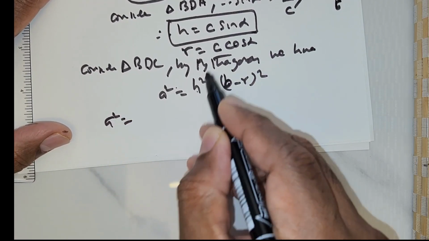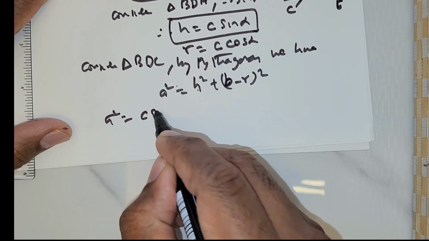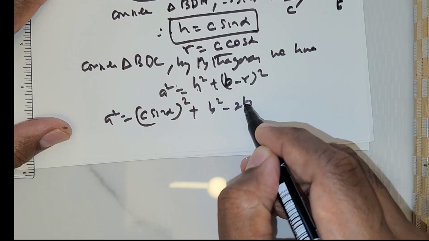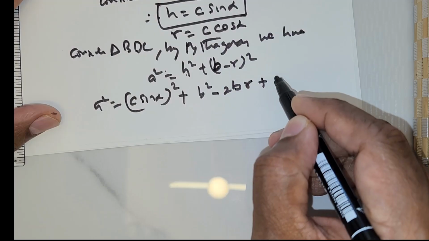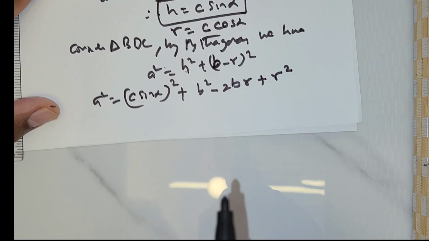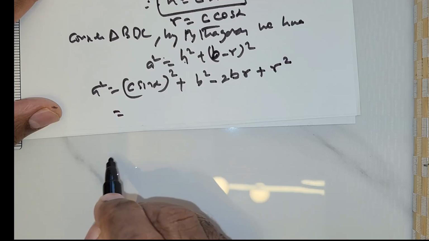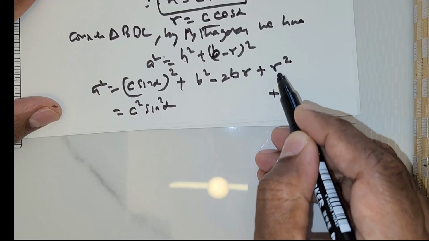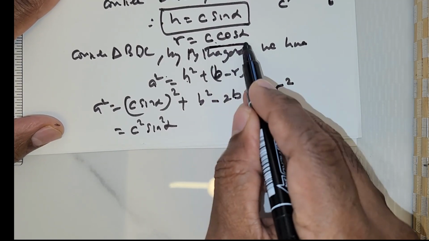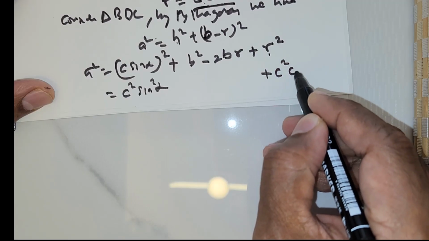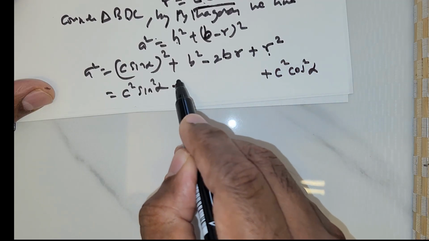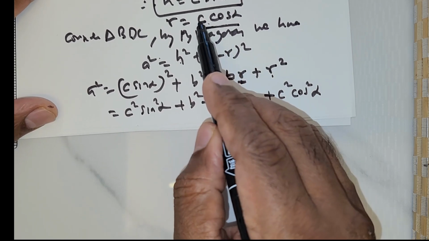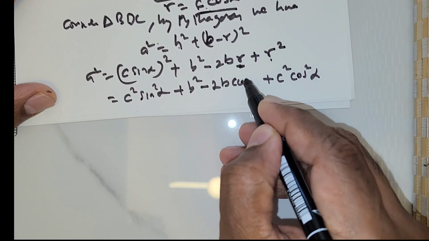Now a squared is equal to h squared plus b minus r squared. h is c times sine alpha, so I'm going to substitute that and expand. I get c squared sine squared alpha. r is c cos alpha; substitute and expand, and you get c squared cos squared alpha, and you have b squared negative 2 times b times c cos alpha.